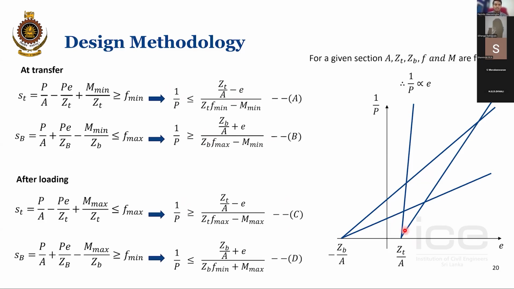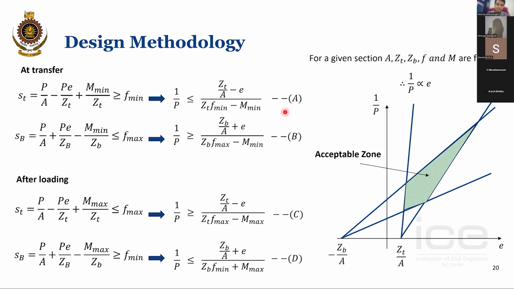So the region that satisfies all these four inequalities is in between these two lines as well as in between these two lines, right? So then the common region that is acceptable, satisfying all these four inequalities, is this shaded area.